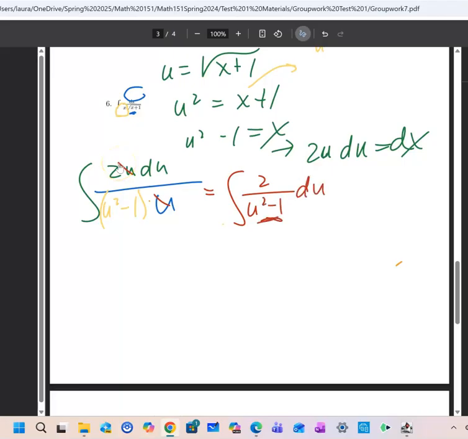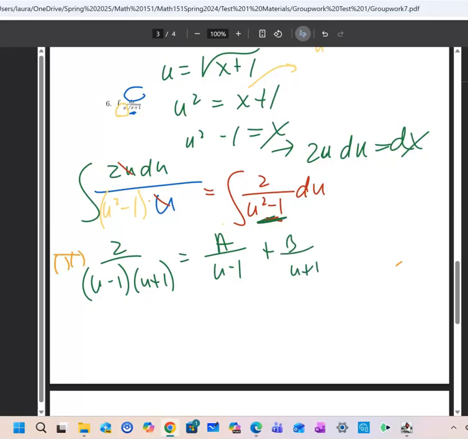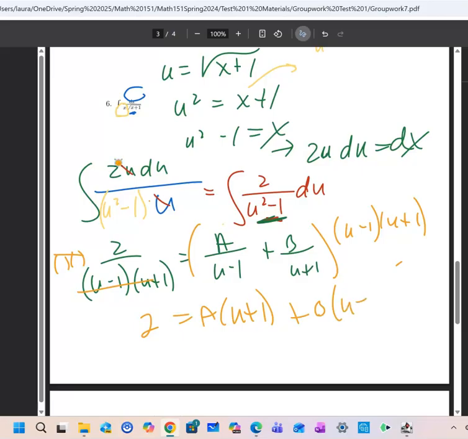Wait a minute. That factors. Since it can factor, I know I can do partial fraction decomposition. So I get A over u minus 1, B over u plus 1, multiply by the denominator, u minus 1 times u plus 1. So I get 2 is equal to A times u plus 1, plus B times u minus 1.